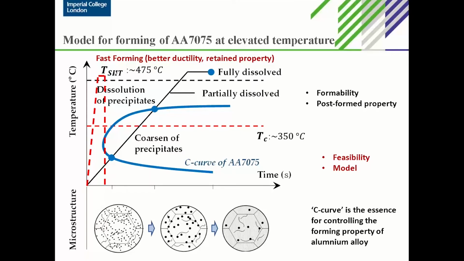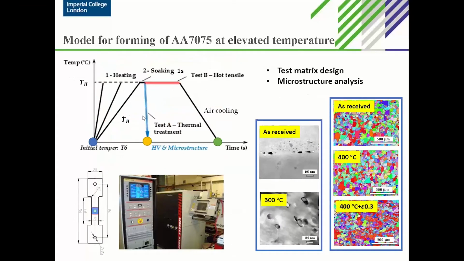So once this method is created, we hope to check the feasibility of the process, and also we hope to model the process regarding the viscoplastic behavior and mechanical properties.